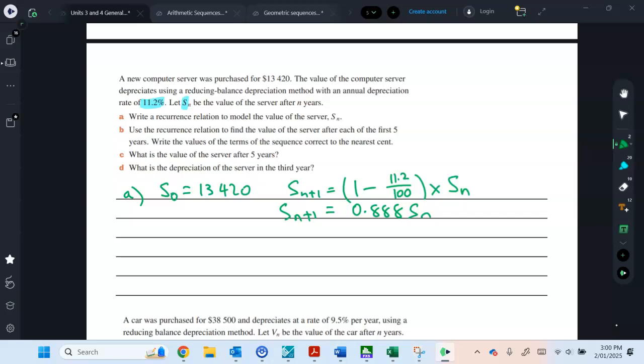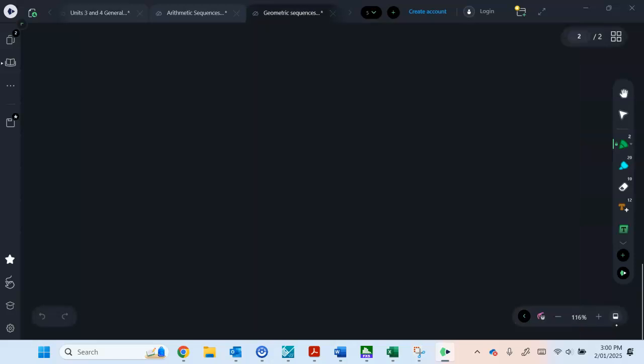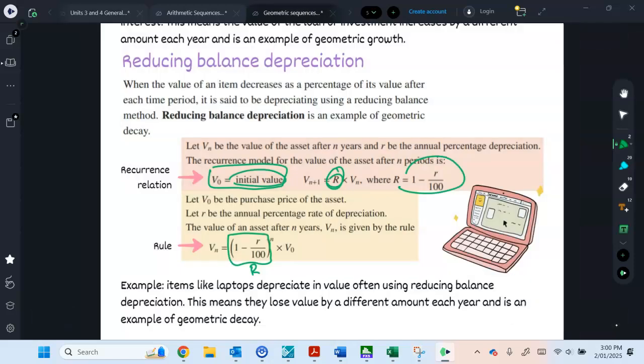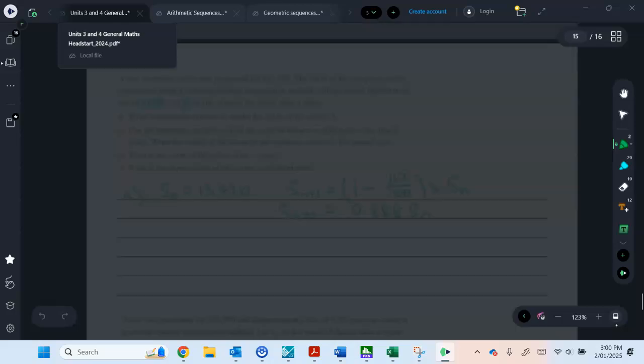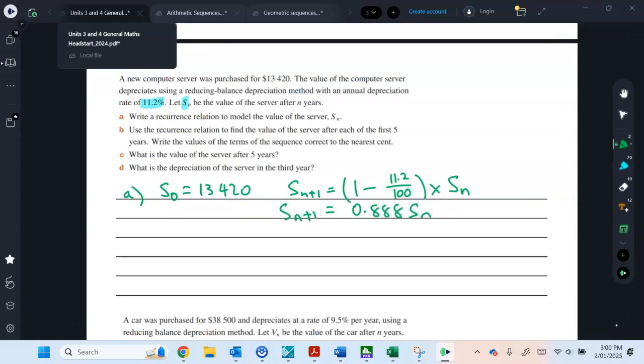Now notice you've got your n plus 1 and the n is subscript. It's not like you're writing a word. They're not lowercase letters. It's actually subscript. All right, I'm just going to make sure I've got that right because sometimes I don't look at things properly. All right, and there's your recurrence relation.